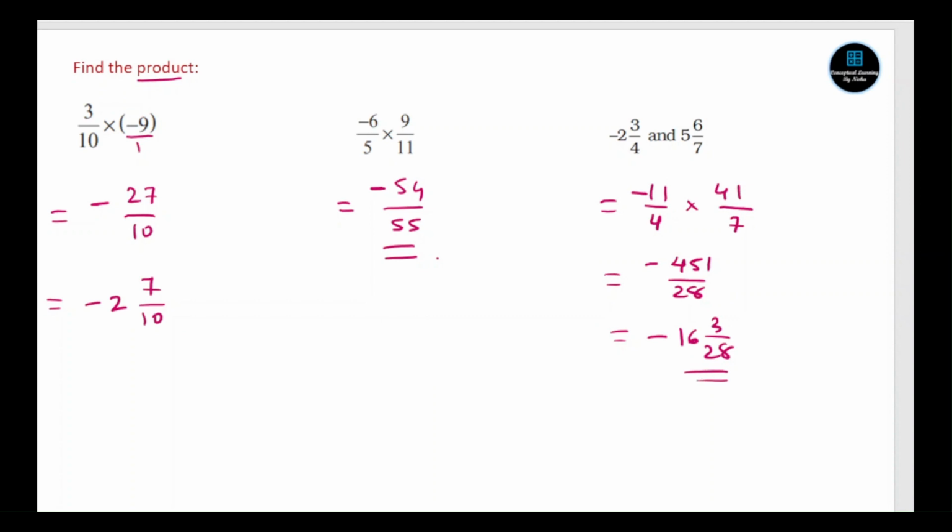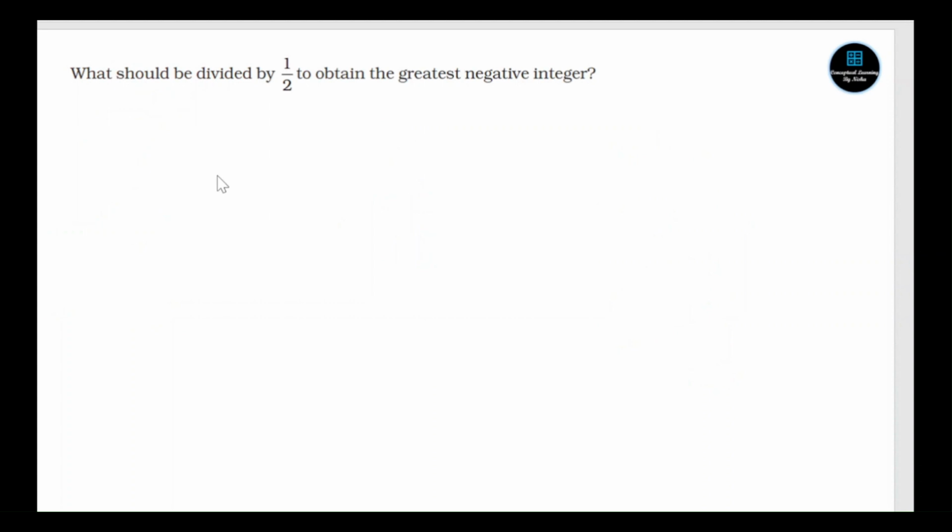Alright? What should be divided by 1/2 to obtain the greatest negative integer? Now, which is the greatest negative integer? See, if you think about the number line, here all negative numbers are there. This is 0, 1, 2, all positive numbers are there. Here it is -1, -2.